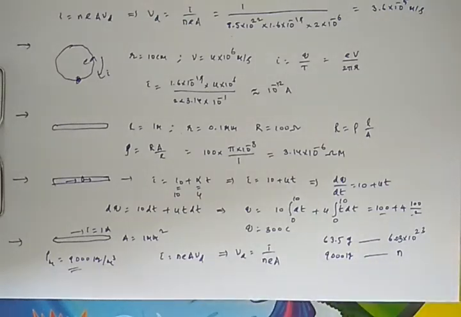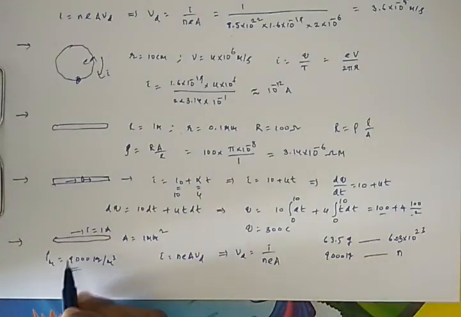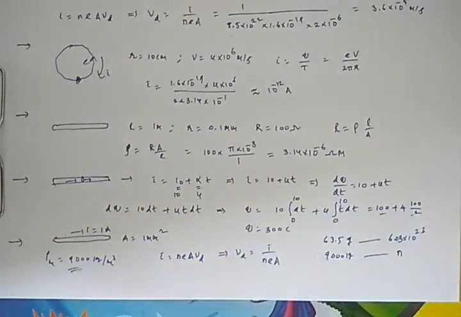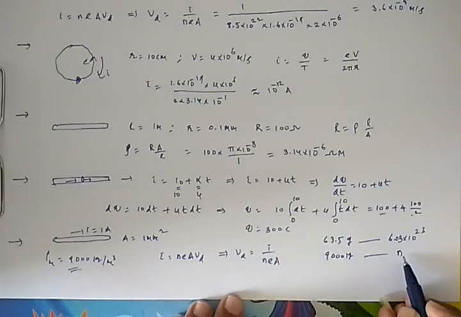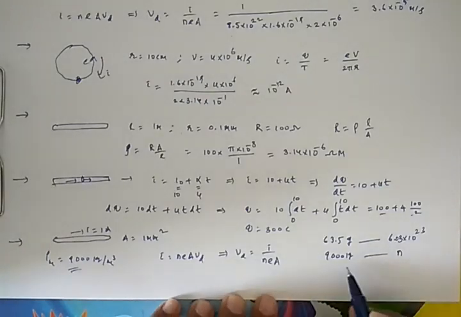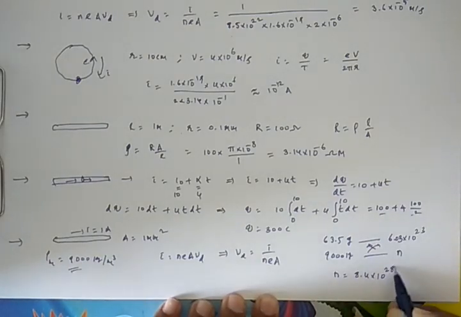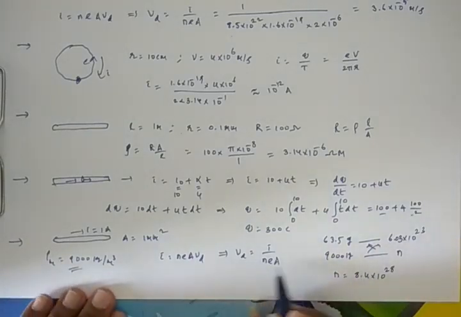Our condition says that each atom provides one electron. So if you find the number of atoms in this mass, the same number of electrons will be there. Whatever n you get is the number of free electrons. Once you cross multiply and calculate, the number will be roughly 8.4 into 10 power 28.